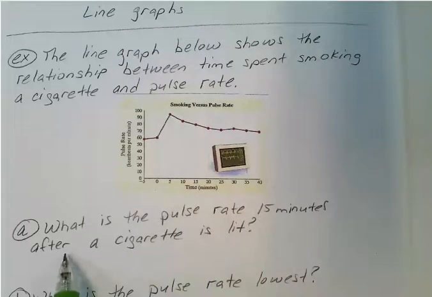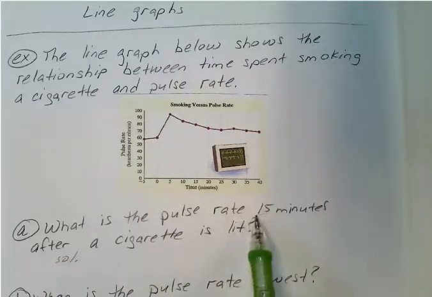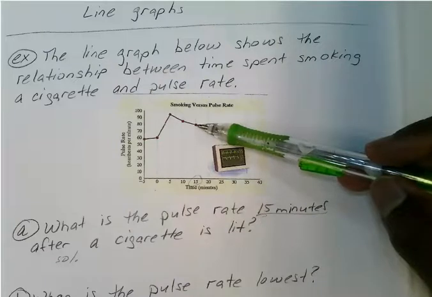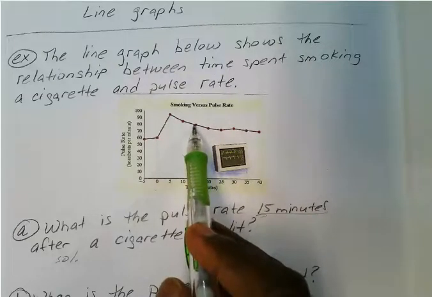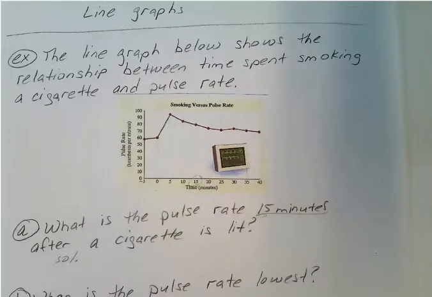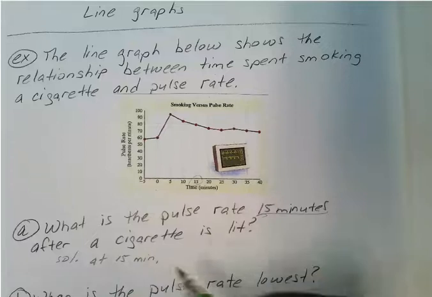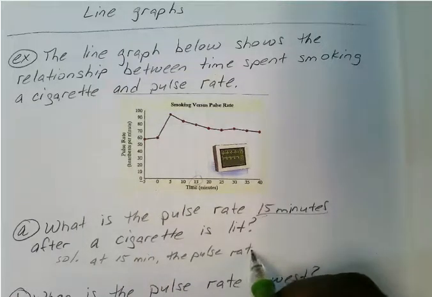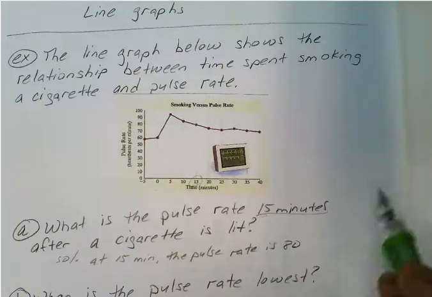Okay, so you see here, just like with the bar graph, you look for your 15 minutes, which is right here. And then you go up and see how high that goes on the graph. Okay, so since this is right here, this goes up to 80. Okay, so at 15 minutes, the pulse rate is 80 beats per minute.